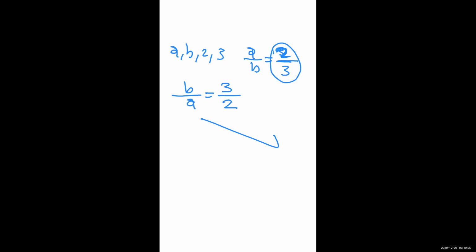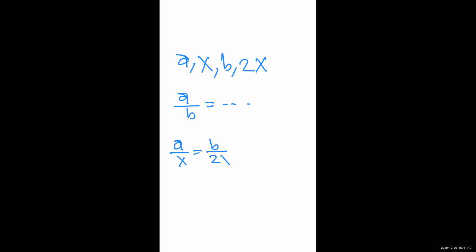The next one, question 7. If A and X and B and 2X are proportional quantities, then A over B equals. Okay? They are proportional, so A over X equals B over 2X.